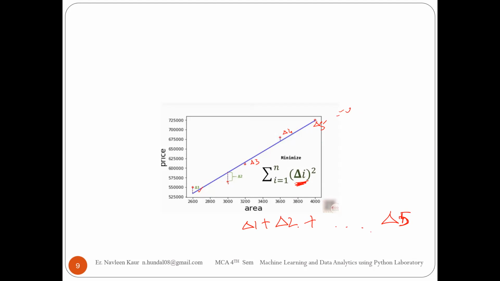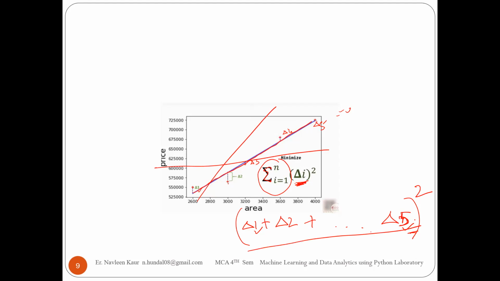This summation says that from 1 till n you are adding them. Got it? You are summing all the distances, and after doing the sum you are squaring it. Why am I saying that this line is at less distance from all the points? By calculating this. If you calculate this with other lines, you will obviously see that this whole thing is increasing.